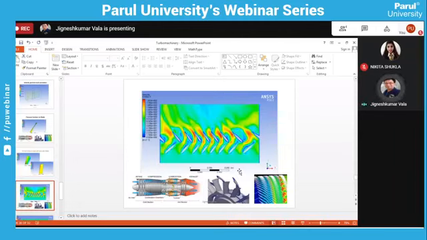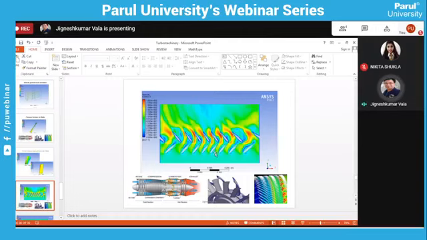Another group arranged the stator and the rotor blade with a number of stages. If we increase or reduce the distance between two stator blades as well as the rotor blades, what happened, right?